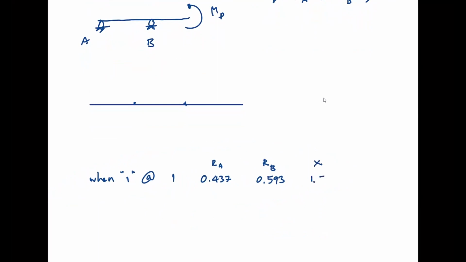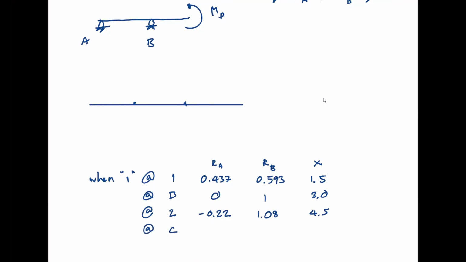X is 1.5, correct? When it is at point B, A is 0, B is 1, X is 3. When it is at point 2, A is minus 0.22, B is 1.08. Our distance becomes 4.5.